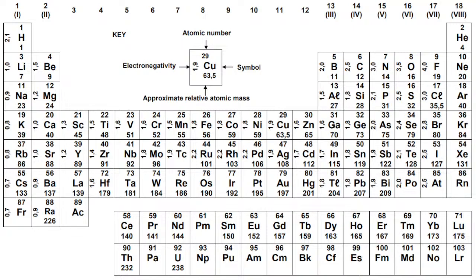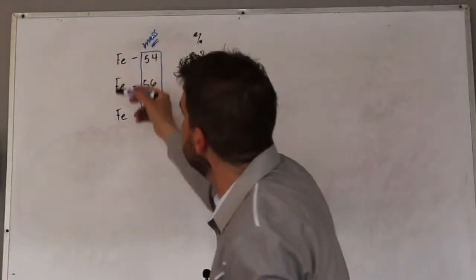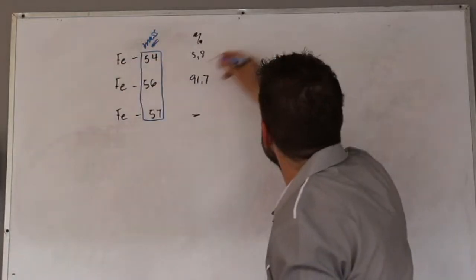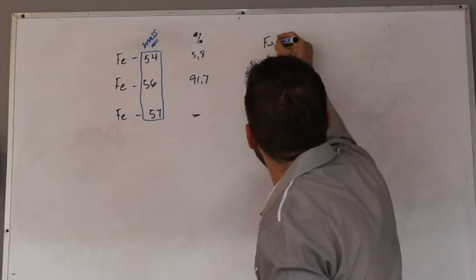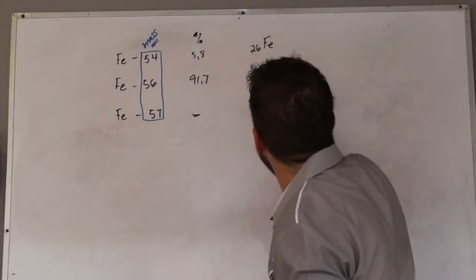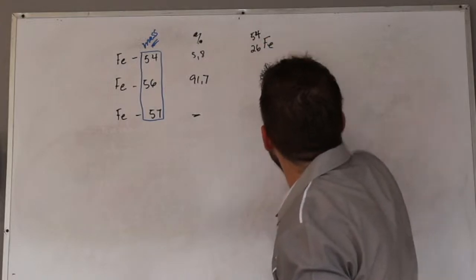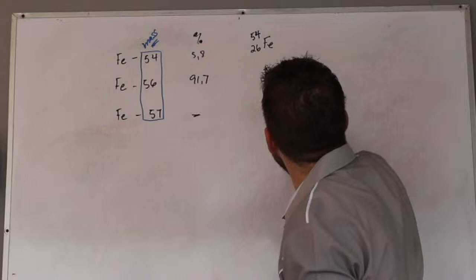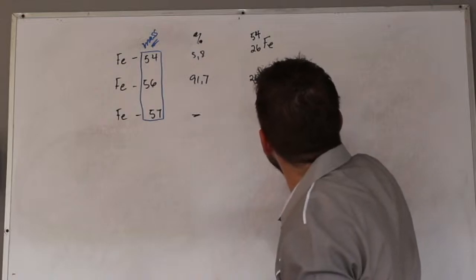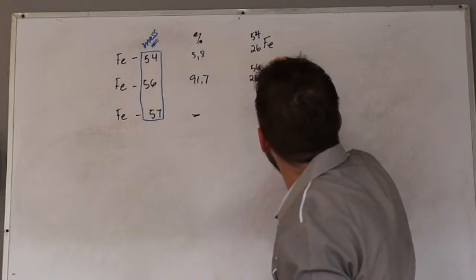If we use the standard notation for iron, we have three different ones. We have iron-54: Fe, 26 at the bottom, 54 on top. The second one is Fe, 26 at the bottom, 56 on top.